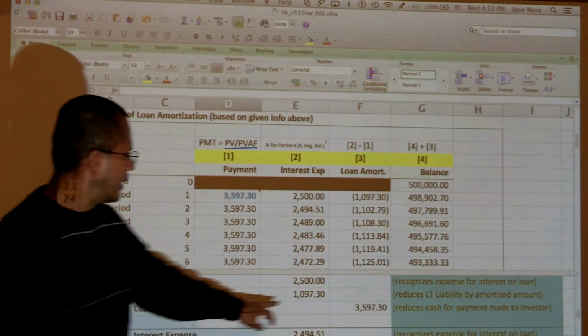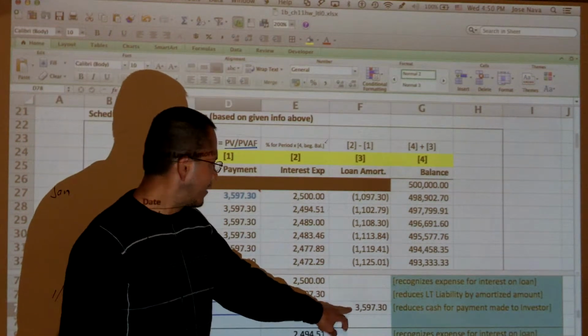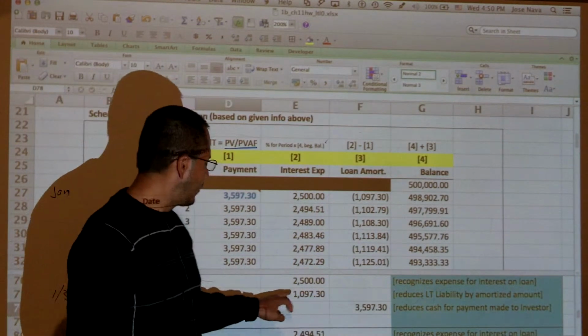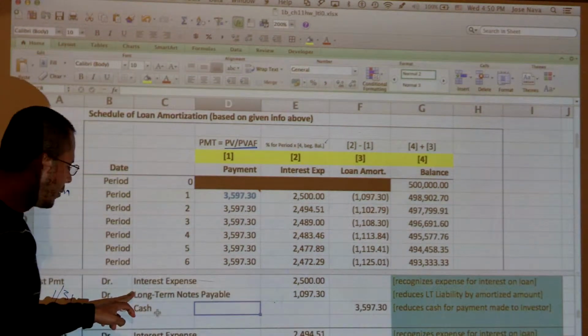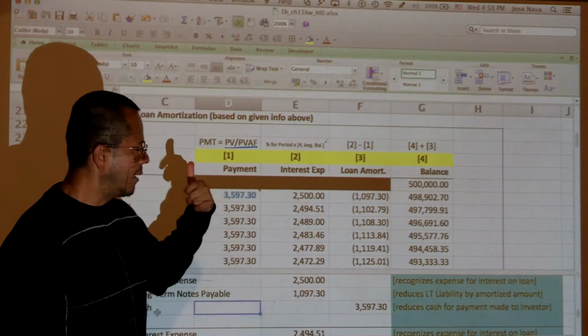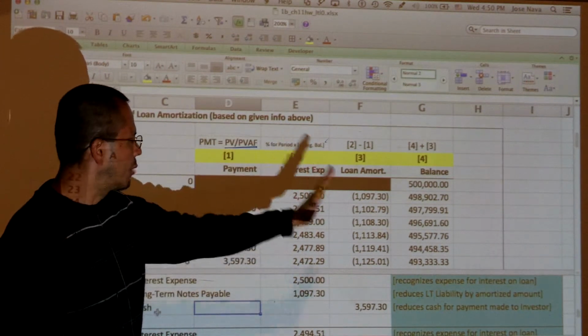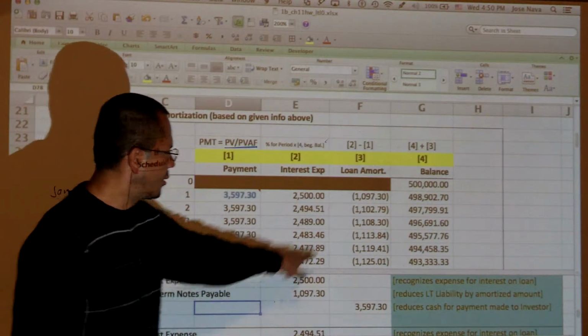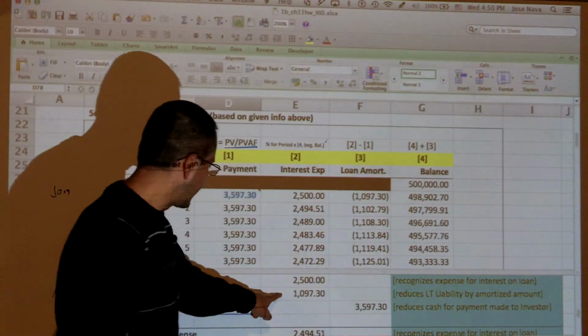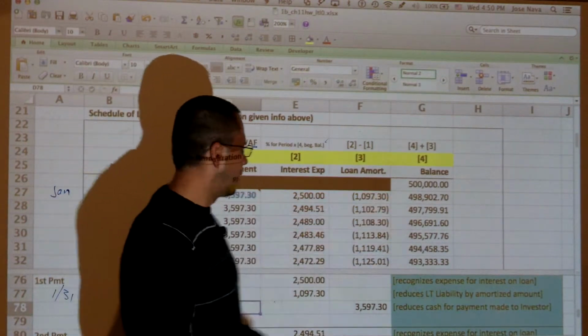The cash itself, the payment itself, is fixed. So this is already given as $3,597.30, and the pay down on that long-term note payable would be a debit of $1,097. Remember that liabilities have a credit balance, so when you debit them, you reduce them. So that loan balance will be going down by this amount, down to $498,902.